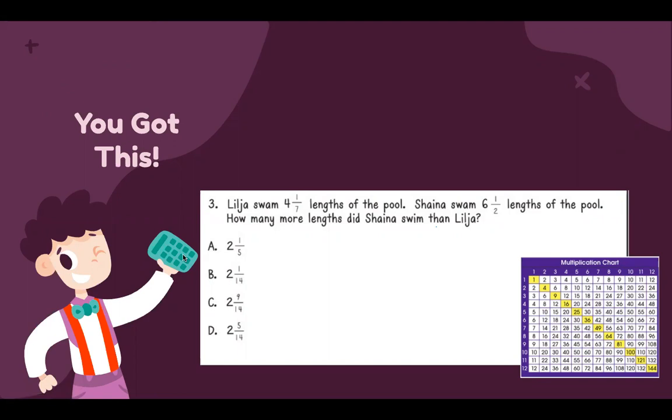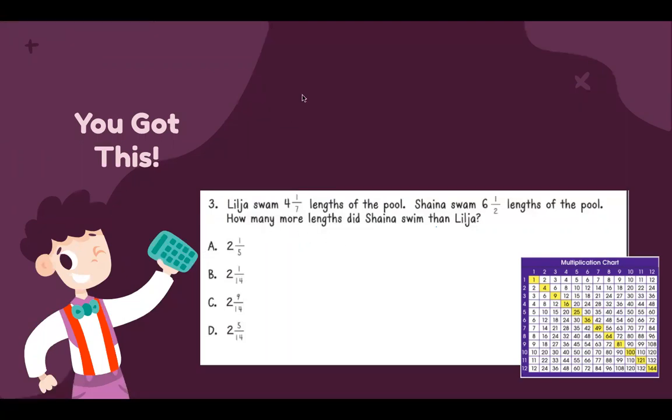Lilja swam 4 1/4 lengths of the pool. Sunaina swam 6 1/2 lengths of the pool. How many more lengths of the pool did Sunaina swim than Lilja? Okay, so it says how many more.